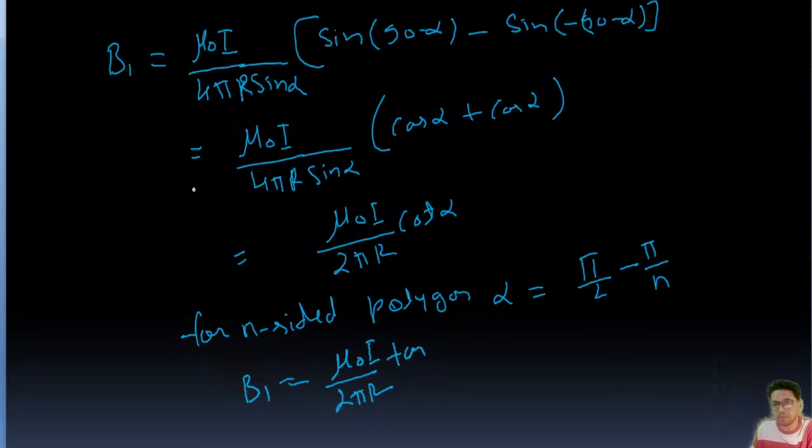So cot of (pi by 2 minus pi by n). Cot of 90 minus alpha is tan alpha, so cot of (pi by 2 minus pi by n) is tan pi by n.